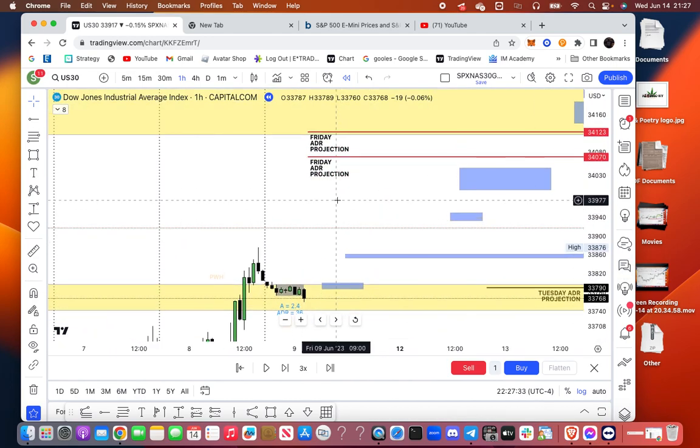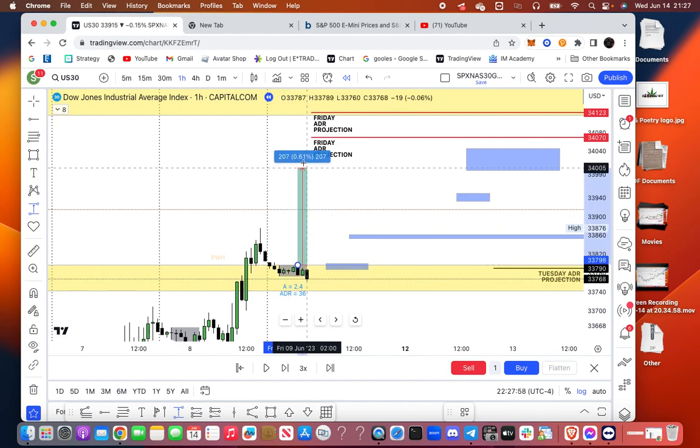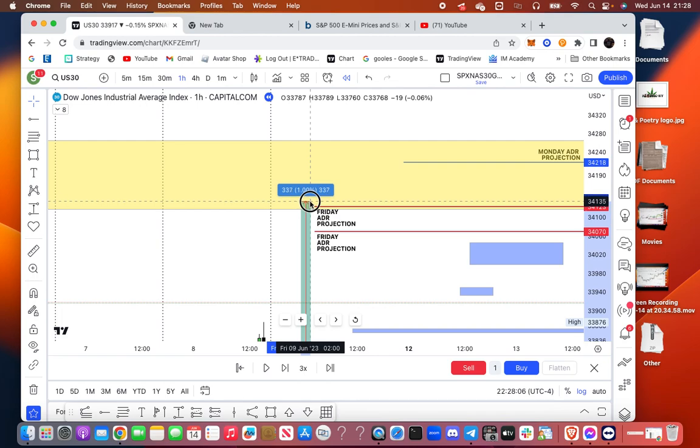Now the reason I said from here: let's say it's 36, but it only went out 2. That means the most it's projected to go up is 34. So from 36 minus 2, if you went from the top and you went 34, that'll bring you probably around about here.